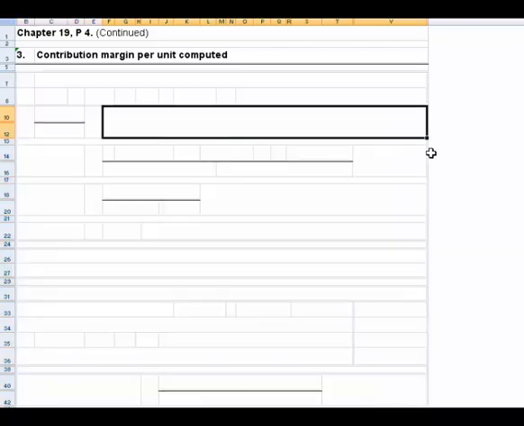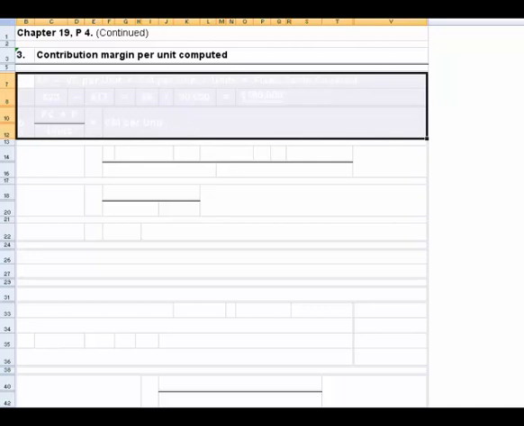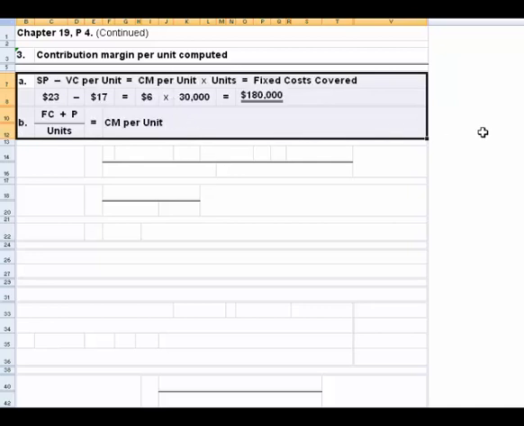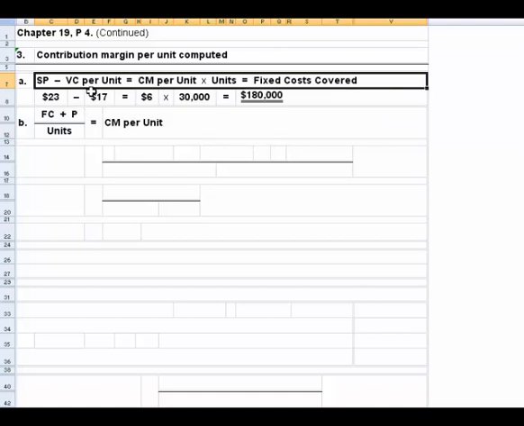Let me slide back up. I just want to bring the lettering to light. So here's what we know on Part A. The selling price minus variable cost per unit is equal to the contribution margin per unit, times the number of units, which equals the fixed cost covered.